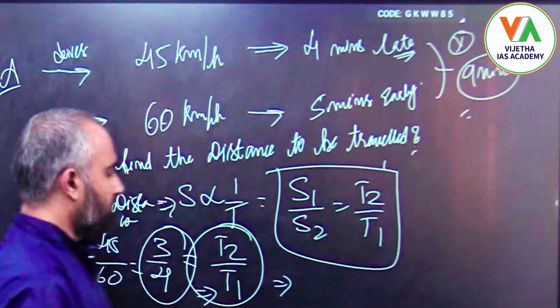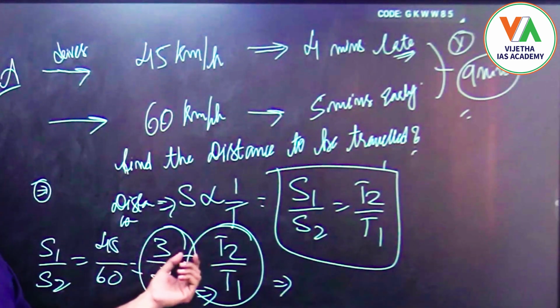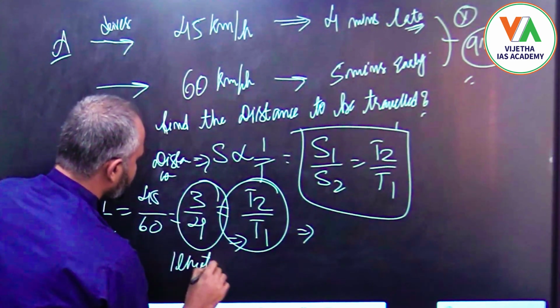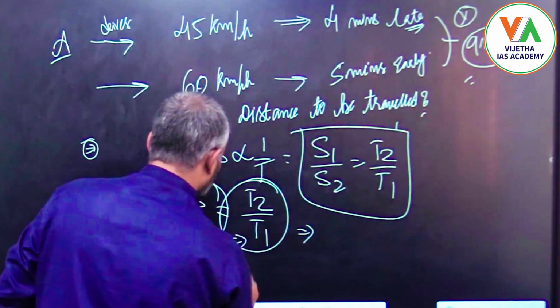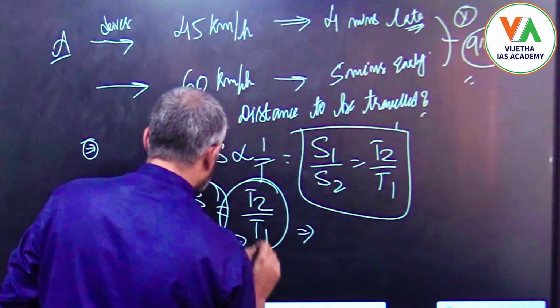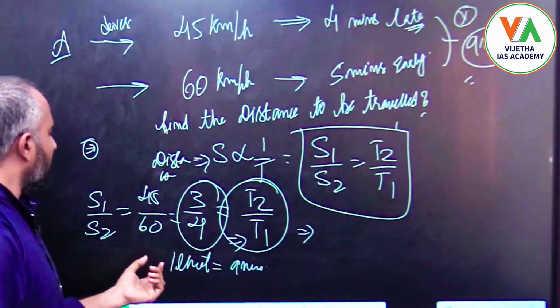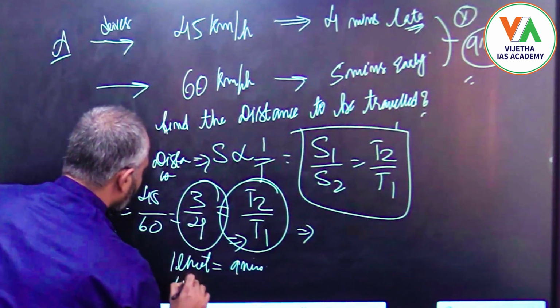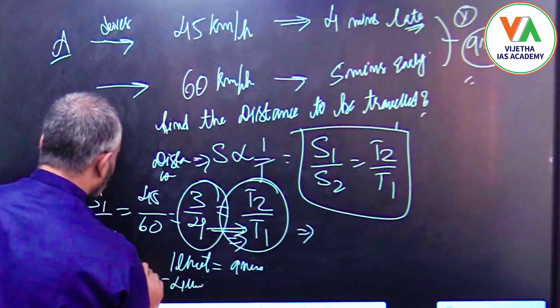Now, you see this here. The difference between time 2 and time 1 in the ratio case is 1. So, 1 unit of time difference accounts for 9 minutes. And 4 units corresponds to time 1.